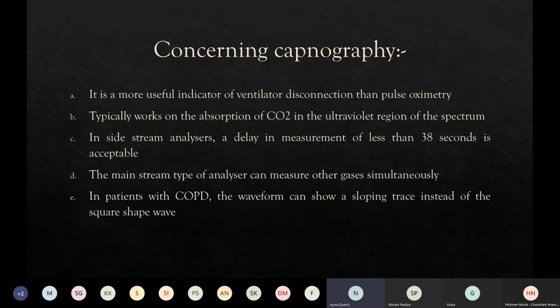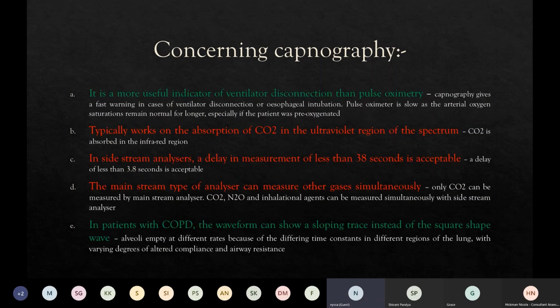Okay, I think quite a few people have answered, so we'll go through. Concerning capnography, it's a more useful indicator of ventilator disconnection than pulse oximetry. I think most people said that was true, which is correct.